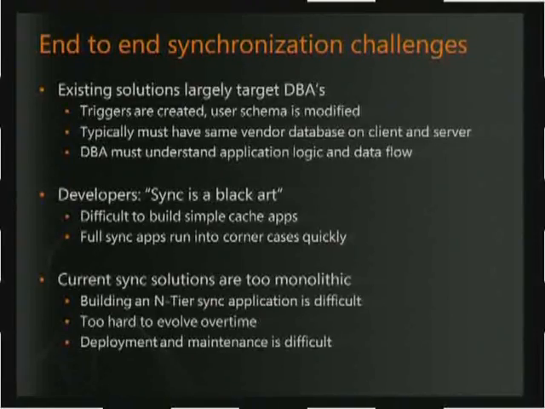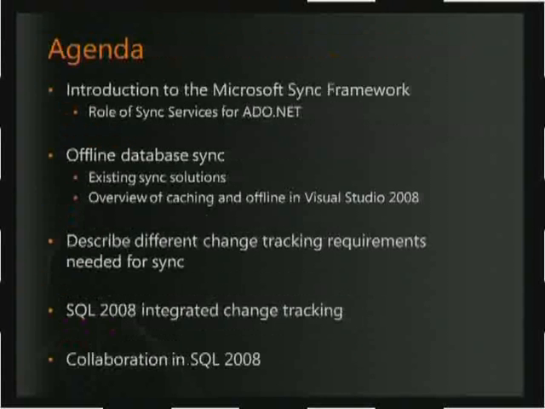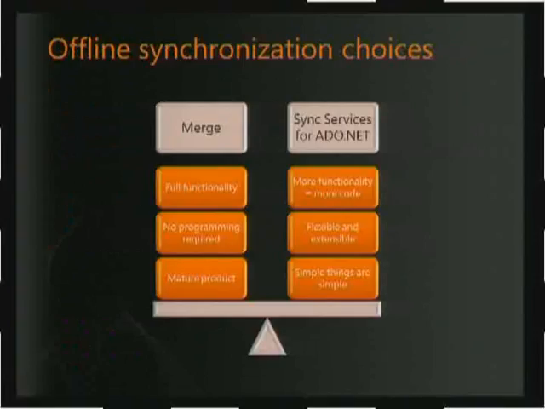And so these conflicting requirements are what drove us to this idea of, wouldn't it be great if we had basic synchronization functionality in Visual Studio that allowed people to build these simple offline applications that could be extended over time to where people didn't feel like they were boxed into an end-to-end product. And so with that in mind, we have these two pillars that I look at and think about.